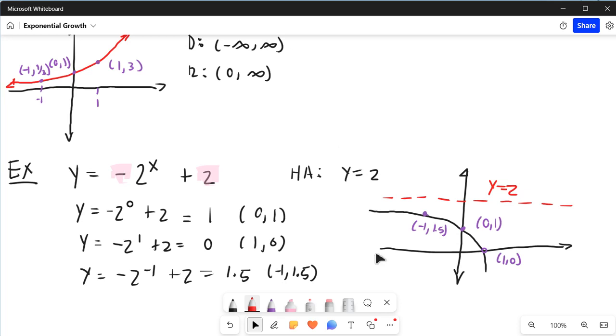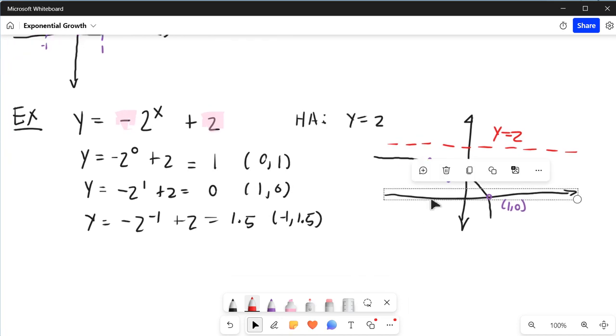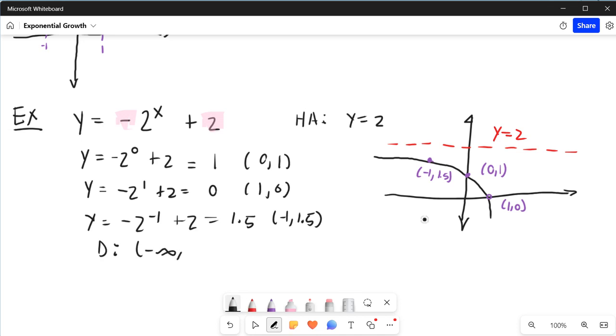And if we were going to analyze the domain of this function, you would see that the domain is all real numbers still. So not much changed, but the range has changed, and it's from 0 to infinity.